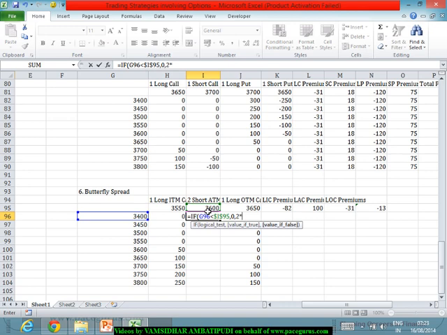So I'll take it as twice the difference between this price and this, or probably the other way, because I'm shorting it. Yeah, the loss is going to be the difference between the strike price and the stock price.